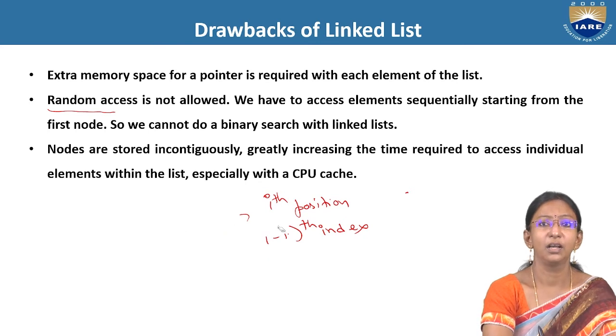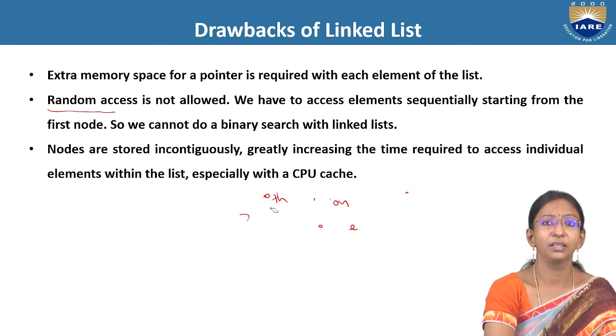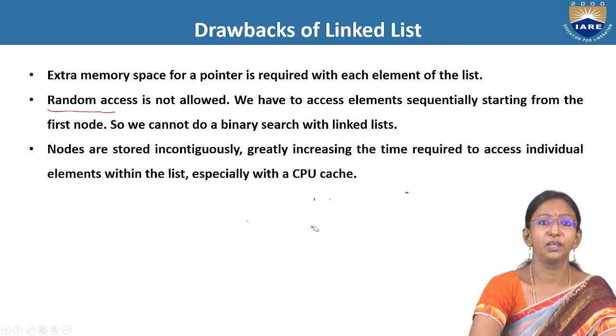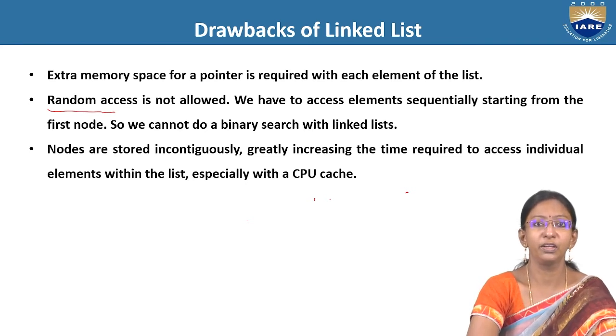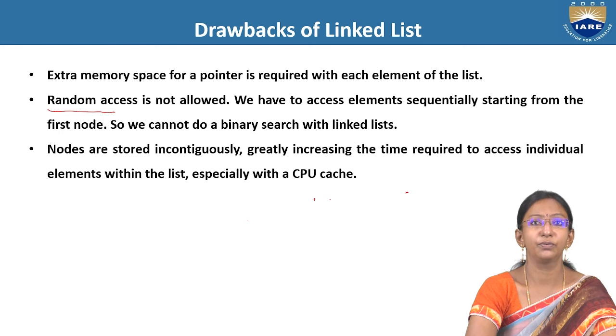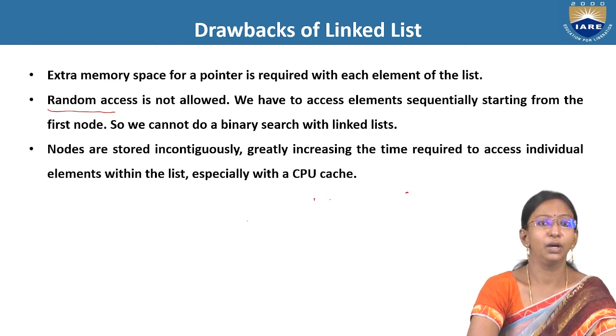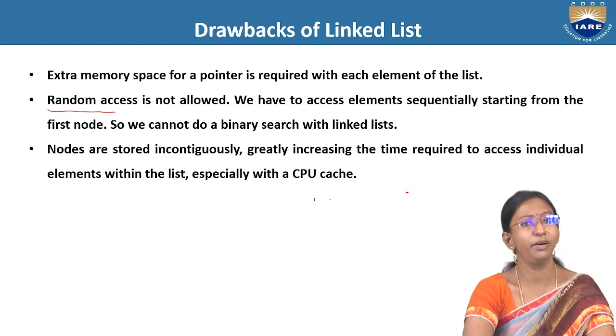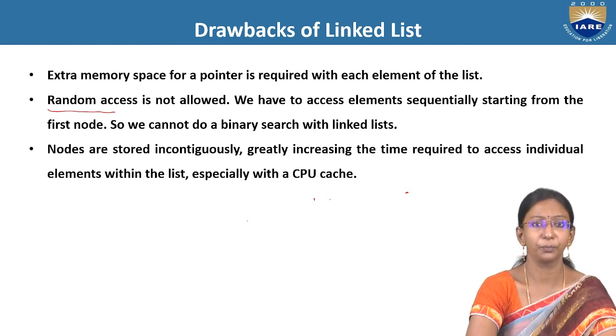But as the linked list suffers the same, we cannot do that. We cannot have the privilege of random access. Whatever element you want to reach, you have to start with the first node, and you have to keep on hopping until you reach the position or the data which you are searching for.